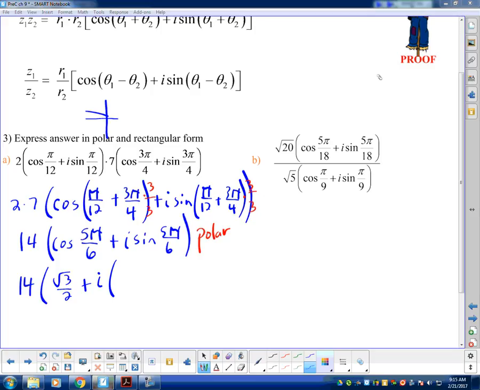And so, I get 14 times root 3 over 2 simplifies to 7 root 3, plus 14 times 1/2 is 7. Am I missing a sign here? Yes. This is negative root 3 over 2, so that's a negative 7 root 3, right? Plus 7i. So looking at my picture up here, that's how we got the negative in here. We're at 5 pi over 6. And so this would be labeled rectangular.